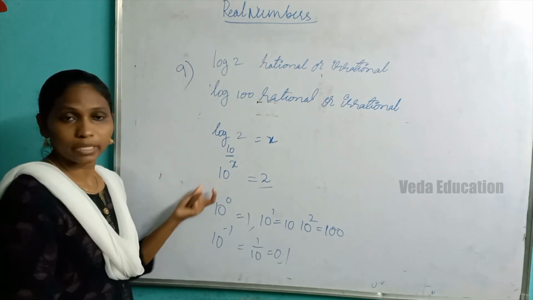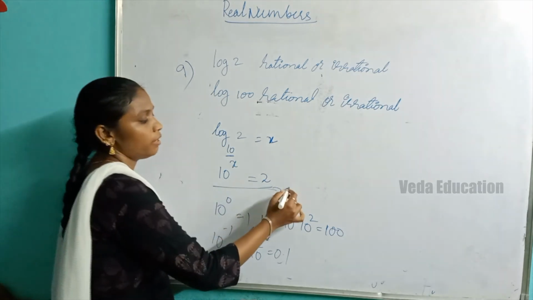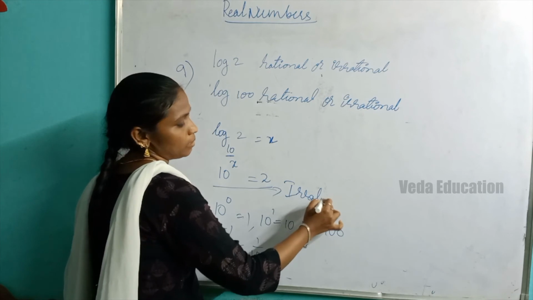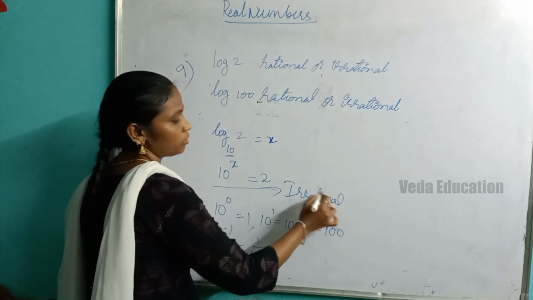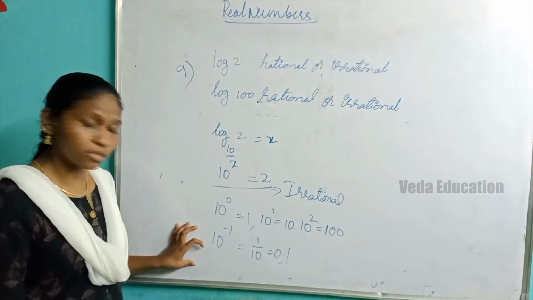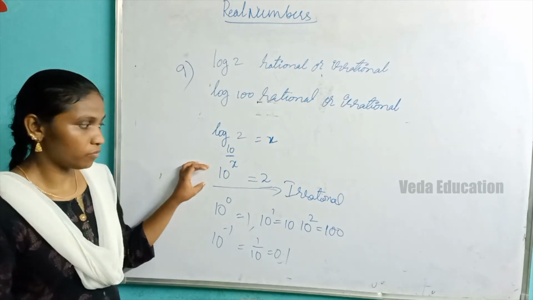Okay, no number we are getting here. Got it? So this is undefined. So it is an irrational number. Suppose if you calculate this value, you can say that it is rational. But here this value is not defined. So there is no number to raise 10 to get 2. So this value is irrational.